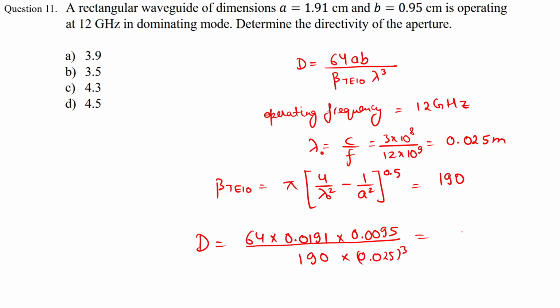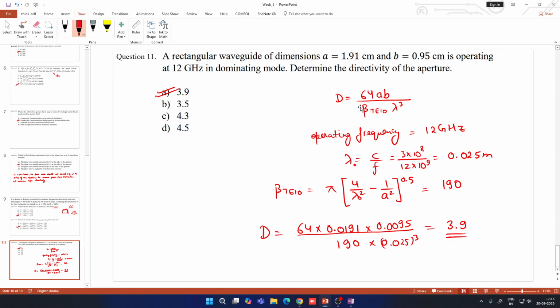So when you solve this, you will get 3.9. So when we match it with the options, the correct option is option A. I hope this is clear. This also is a simple problem based on the formula.